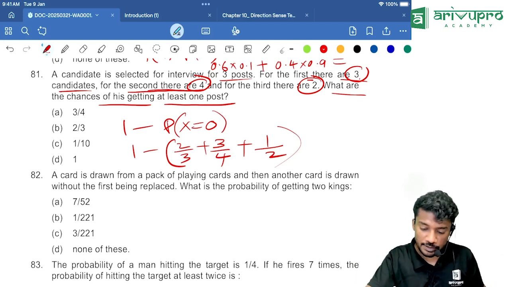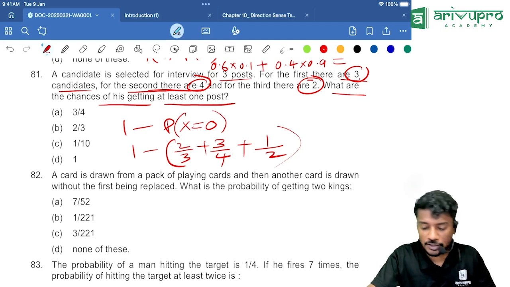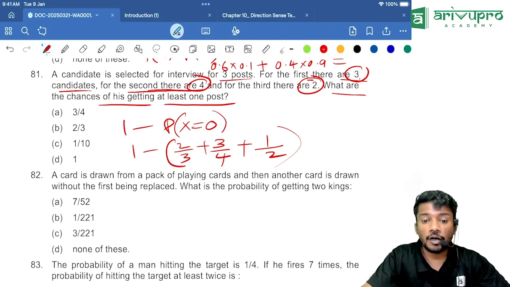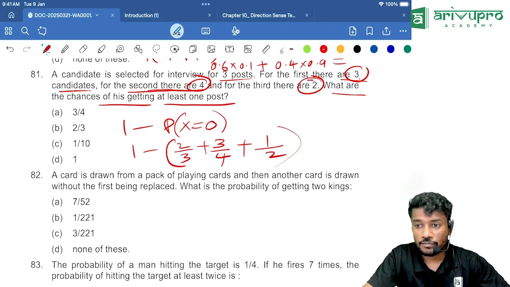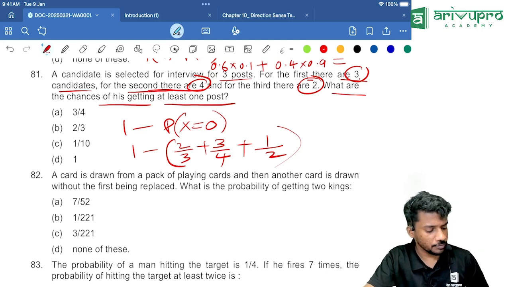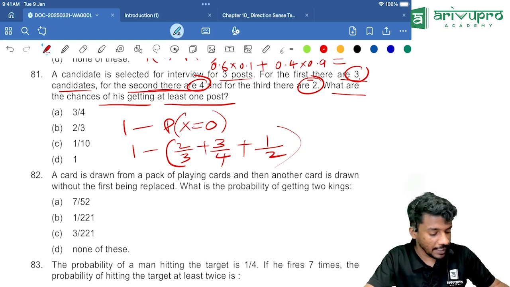1 M plus, then 2 divided by 3 M minus, 3 divided by 4 M minus, 1 divided by 2 M minus. Click MRC, you will get it as how much? How much you got? Let me clear the memory again. 1 M plus, 2 by 3 M minus, 3 by 4 M minus, 1 divided by 2 M minus.